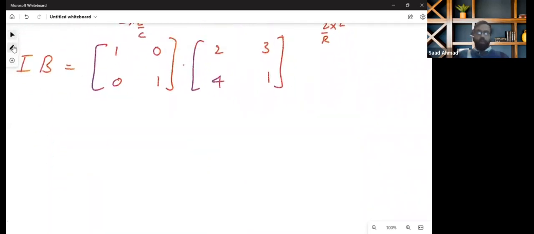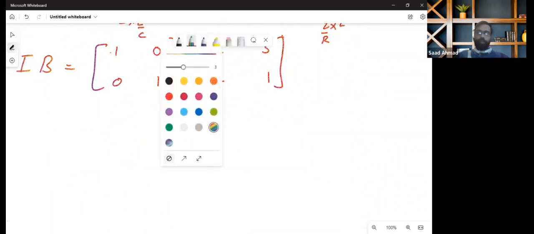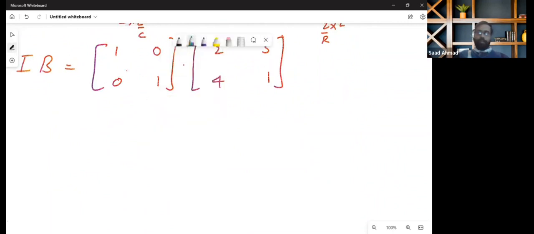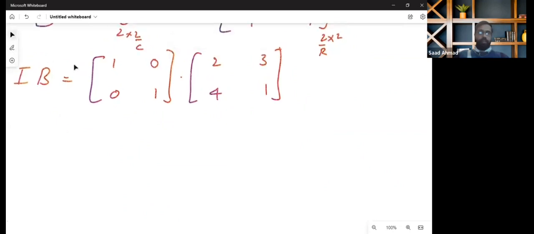So we will follow the rule that we decided. We take the first row of the first matrix and multiply it with the first column of the second matrix: 1 times 2 plus 0 times 4.